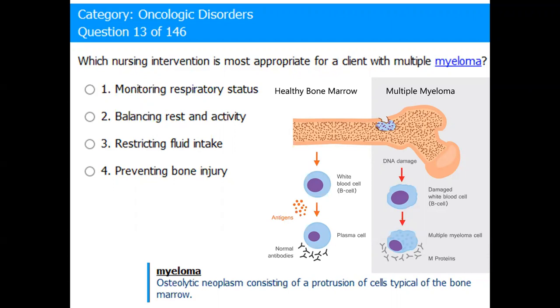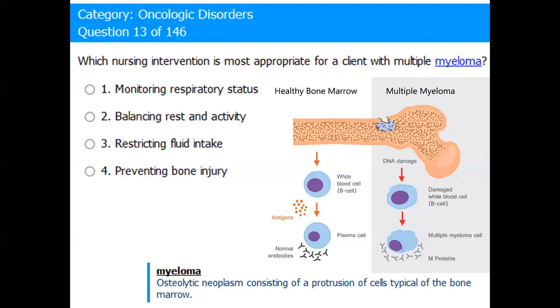So as I told you, the patient most of the time complains of bone pains, the patient develops anemia, kidney dysfunction, and infection is more common. The patient does not need to restrict the fluid intake, and nothing is related to rest and activities.